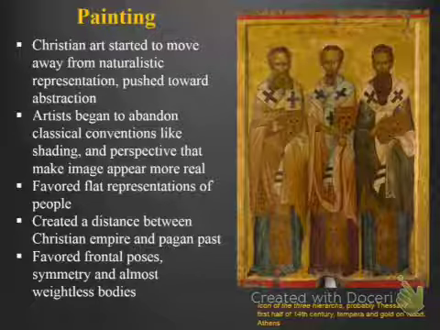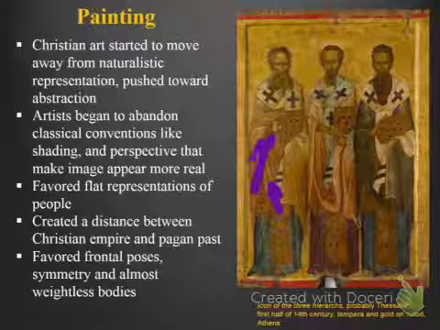And so they were influenced, but you can see there's quite a difference here. Just initially looking at it, you can see there is no perspective. This is extremely flat, meaning there is no shading, or there's very little shading. There's a little bit of shading here on the clothes, especially. You can see the different values from light to dark.